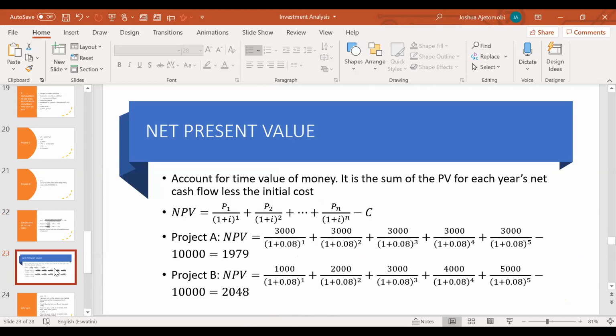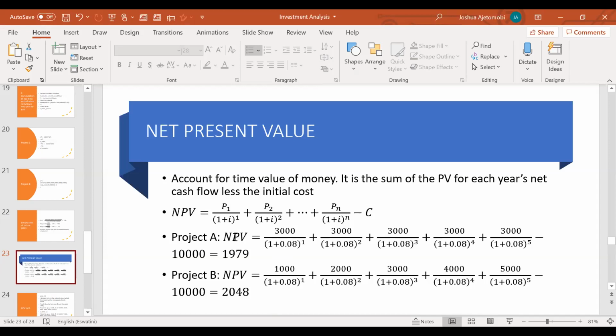And the advantage of this over payback period and simple rate of return is that time value of money is accounted for in this method. And it's very straightforward. It's the sum of the present value of each year's net cash flow less the initial cost.